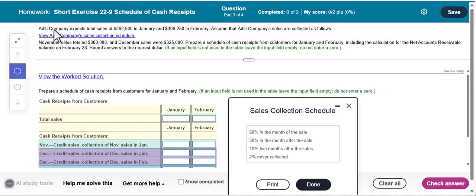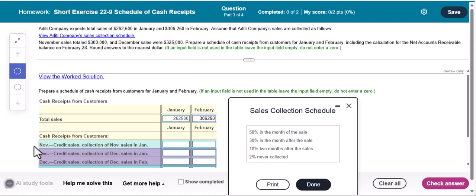So we have this DT company expects total sales of 262,500. So we'll go ahead and enter that in, 262,500 for January, and then we have 306,250 for February.